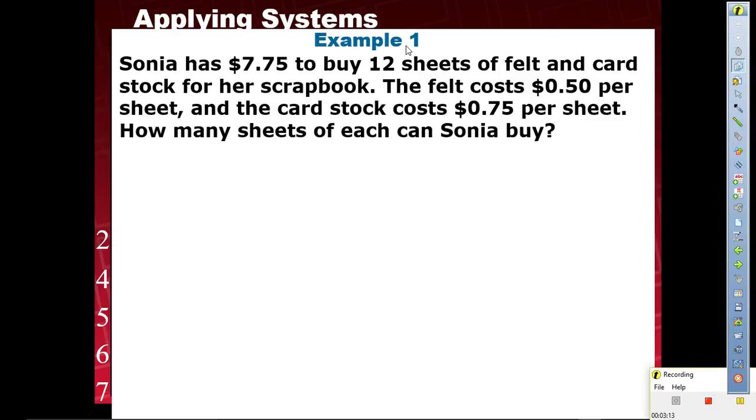All right, so it says, once again, example 1. Sonia has $7.75 to buy 12 sheets of felt and cardstock for her scrapbook. The felt costs 50 cents per sheet, and the cardstock costs 75 cents per sheet. How many sheets of each can Sonia buy? Now, earlier I sent this around. Did everybody feel it?